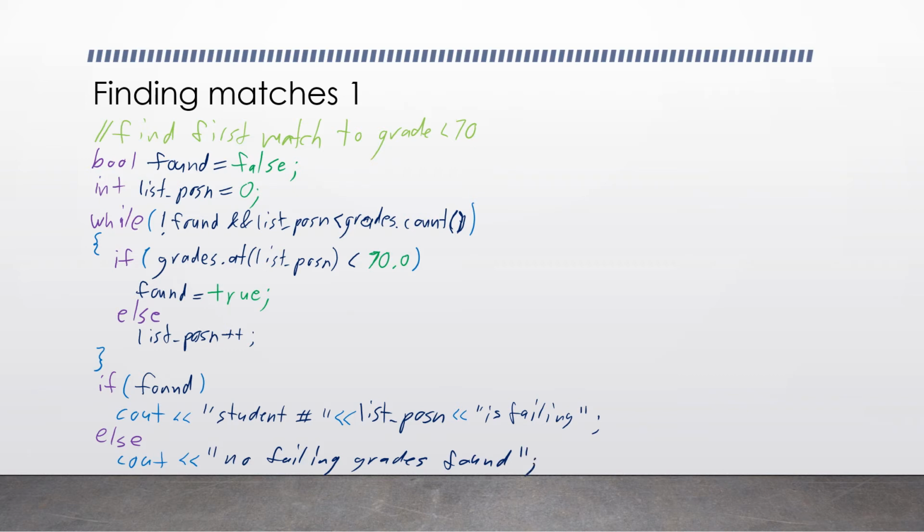Okay. What if we want to list all the matches? That's actually an even easier loop to write. We don't need to worry about our Boolean found. Okay. So in this case, we create our int list position.